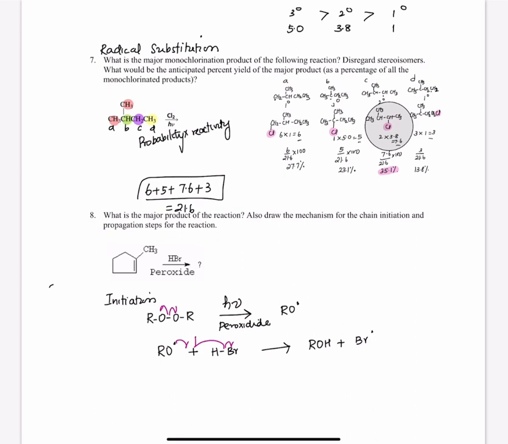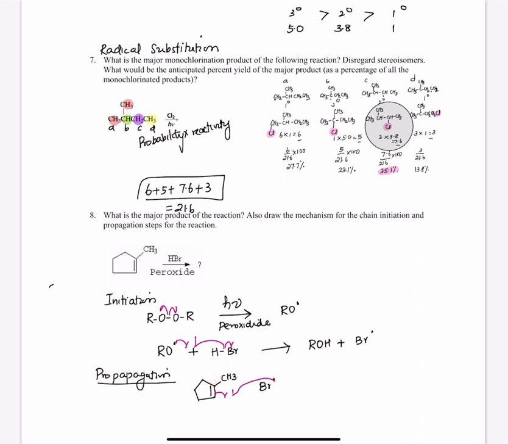In the next step, the propagation, the bromine radical is going to react with a double bond to form an alkyl radical. Now you need to find out whether the bromine is going to get added to this carbon or this carbon. So if the bromine is going to get added to this carbon, then a tertiary radical will be formed.